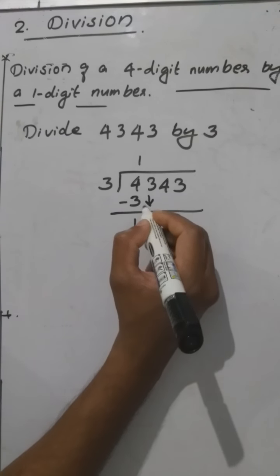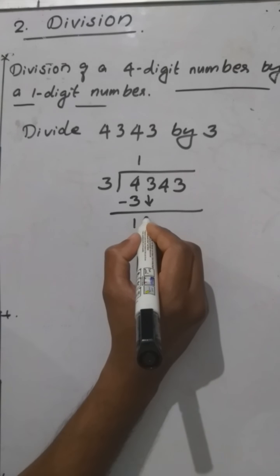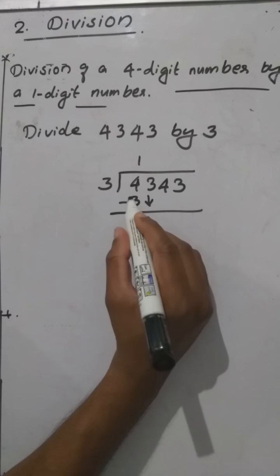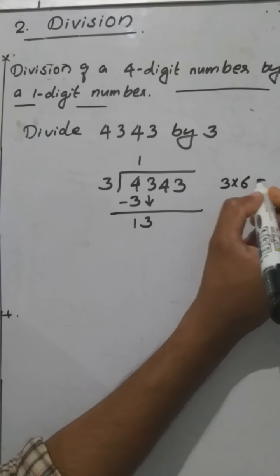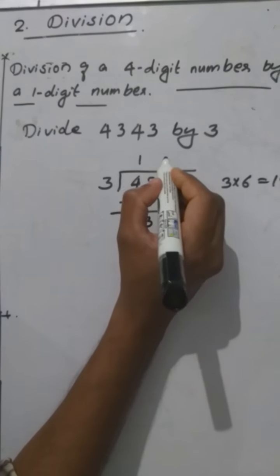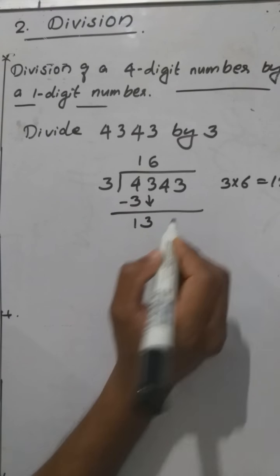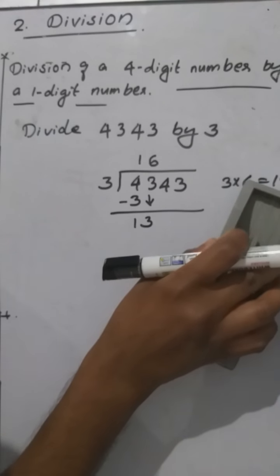Now this hundreds digit we write down here. 13 we got. And how many 3's are included in 13? We know that 3 4's are 12.